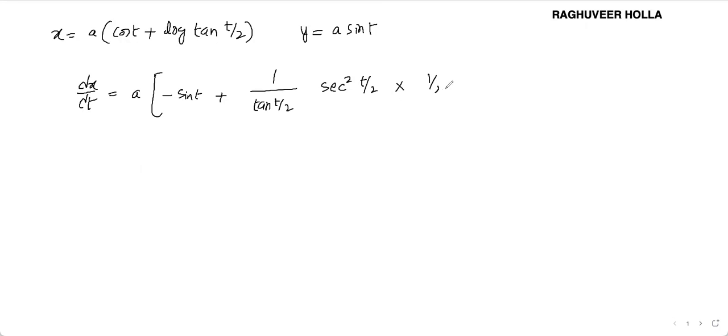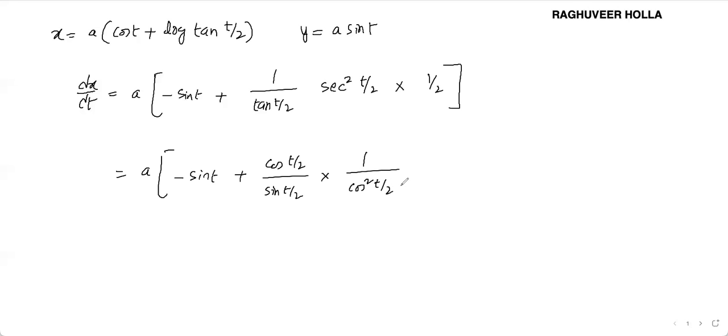This is done. For further simplification, 1 by tan will be cot. Let us write that minus sin t. Cot can be written as cos t by 2 and sine t by 2, right? And secant is 1 by cos square t by 2.